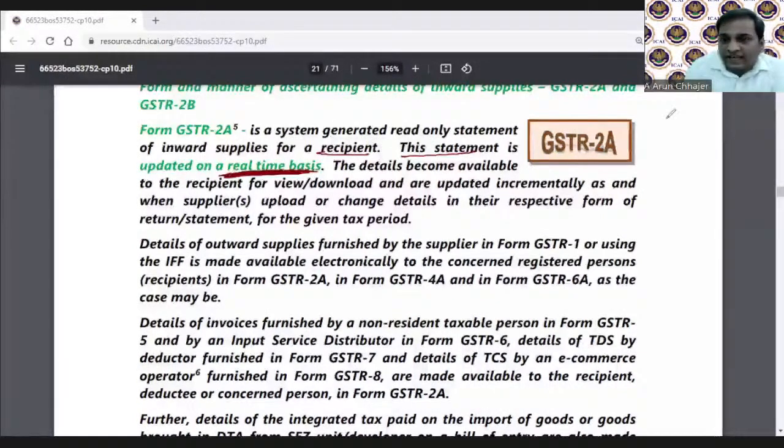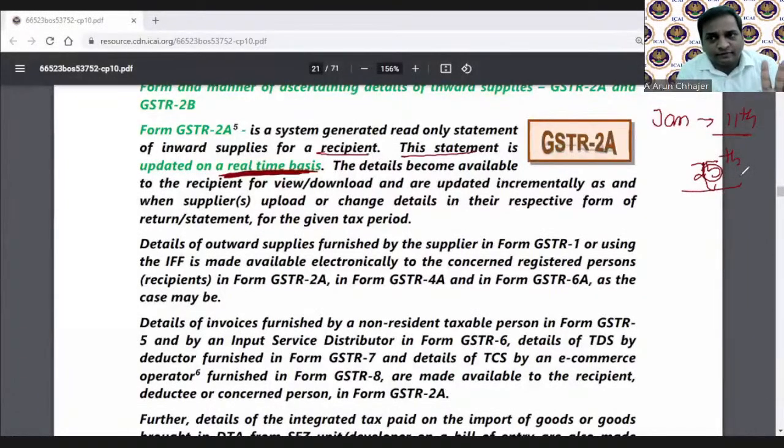For example, I have made the purchase in the month of Jan. Supplier has opted monthly. He has to furnish the GSTR 1 by 11, but he is furnishing, let's say, on 20th.